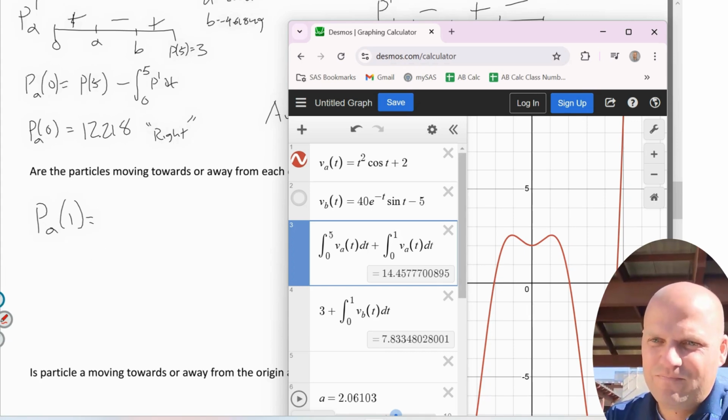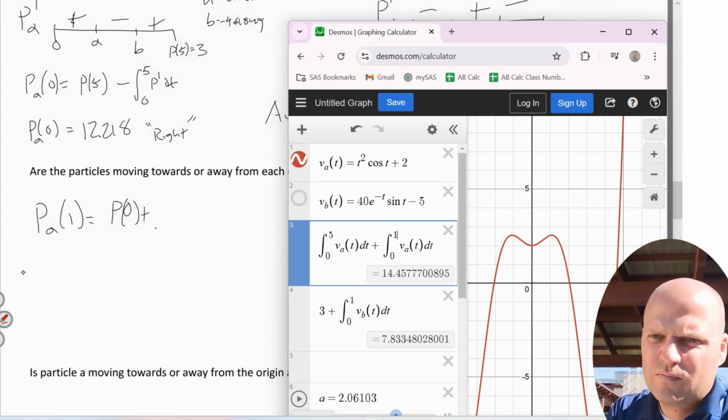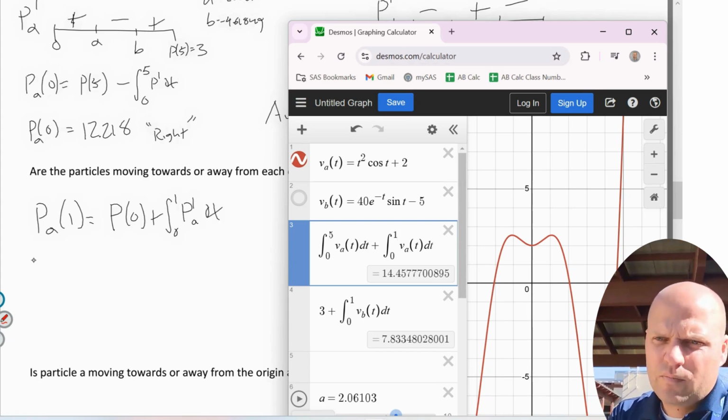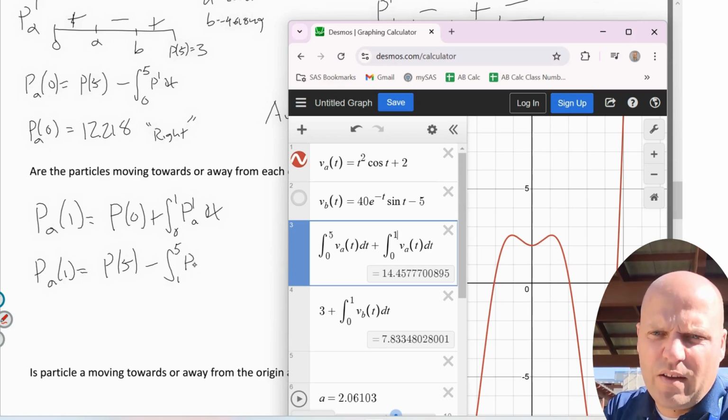That's an option. You can do P of 0, which you found, plus your accumulation of your derivative. Or you could say our position at 1 is the position at 5 minus the accumulation from 1 to 5.